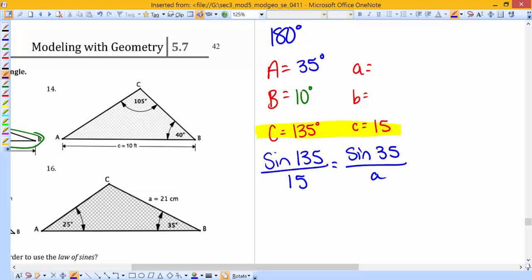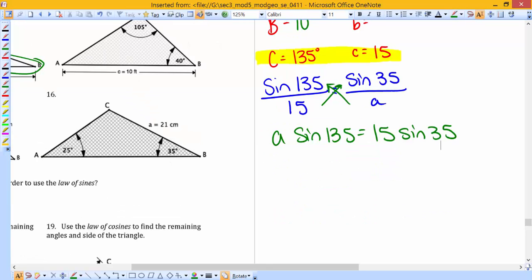Now we cross multiply. So I have a sine of 135 equals 15 sine of 35. And then I'm going to divide by the sine of 135.